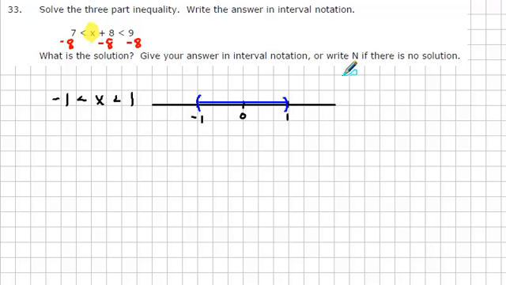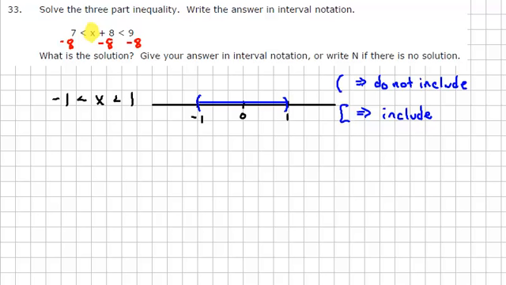So you want to recall that parentheses do not include, and if you have brackets, then that does mean to include.